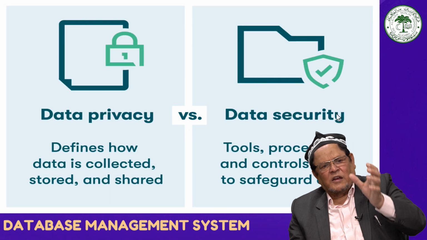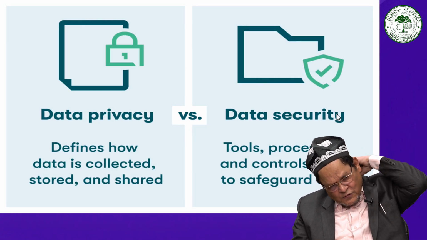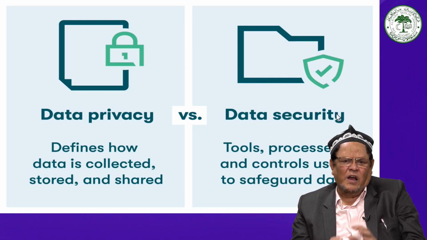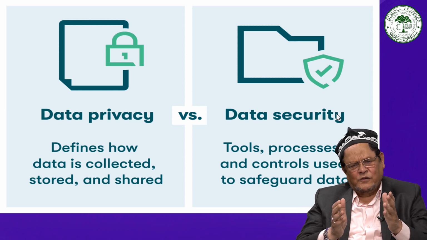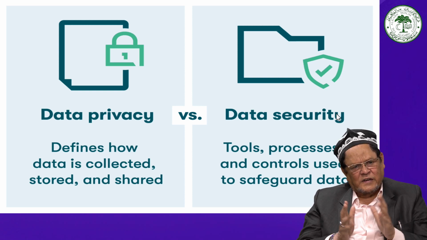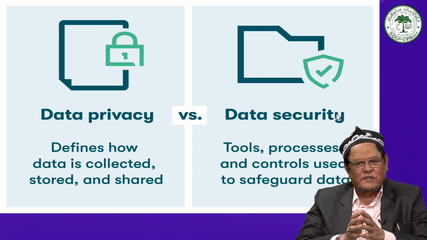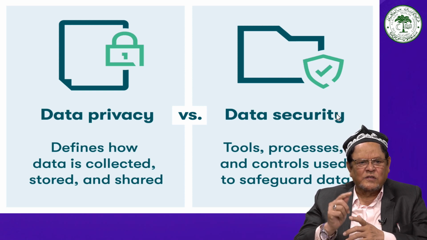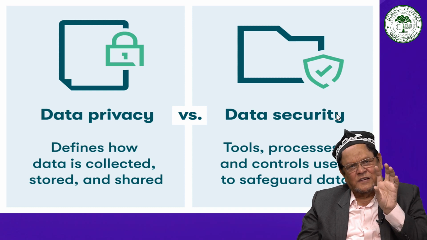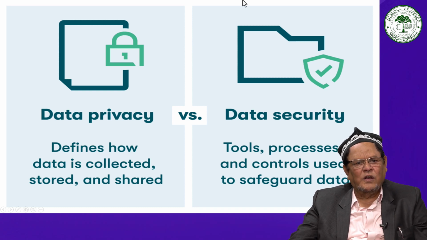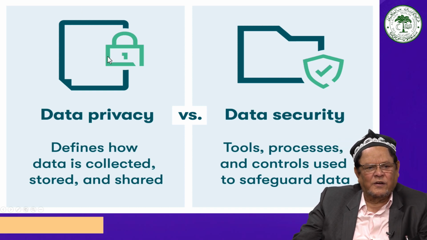See here the diagrammatic representation. It is very easy to understand, and by this you can see on the screen data privacy versus data security. Security means you have to provide the tools. Data privacy means there are keys you can use.